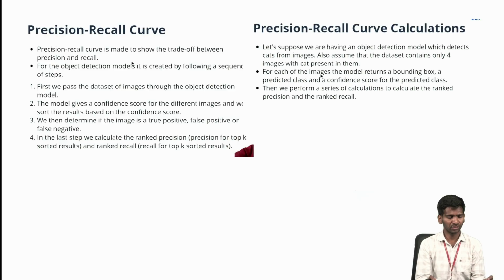In two-stage detector models, we have seen RCNN, Fast RCNN, Faster RCNN, and in single-stage object detectors, we have seen YOLO. We have also seen the metrics used for evaluating object detection models, how far they are predicting correctly and how far they are predicting wrongly.